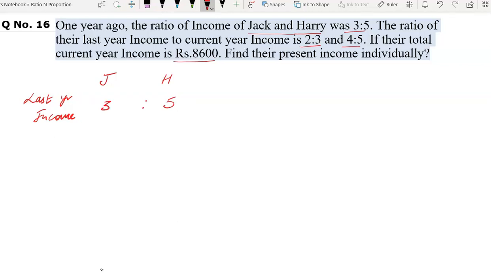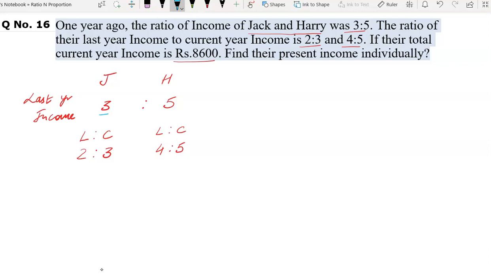And it also says the ratio of their last year income to current year income is 2:3 and 4:5. So the ratio of last year income to current year income for Jack is 2:3, and for Harry is 4:5. Now in such types of questions, we need to make the ratio of last year income equal.